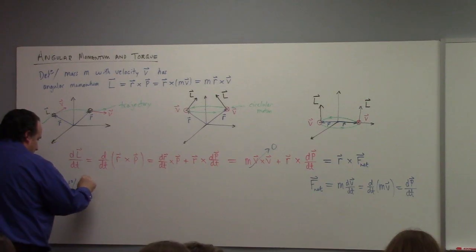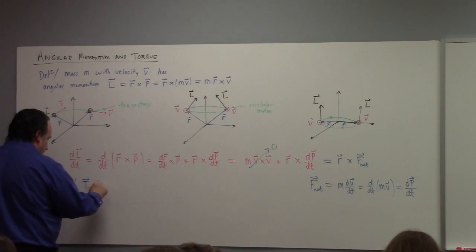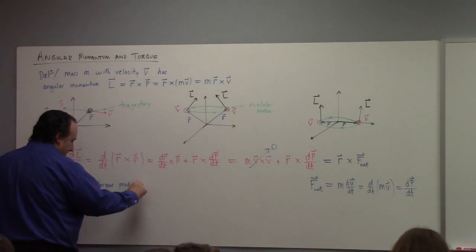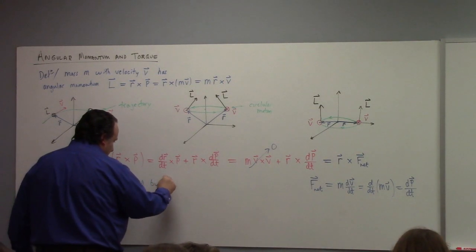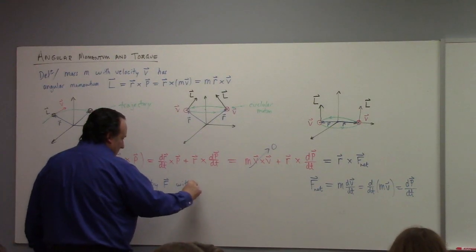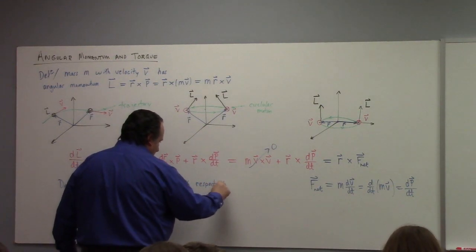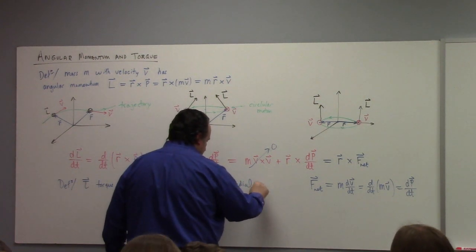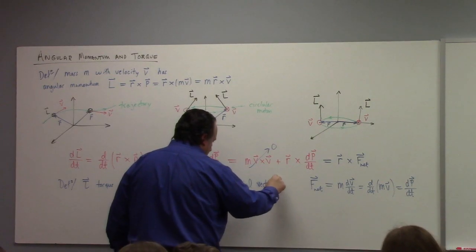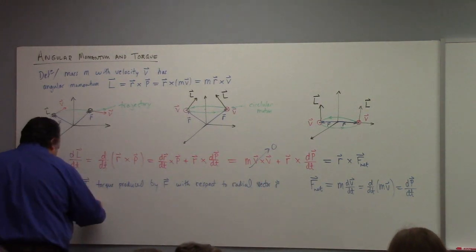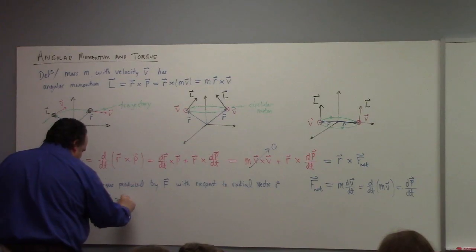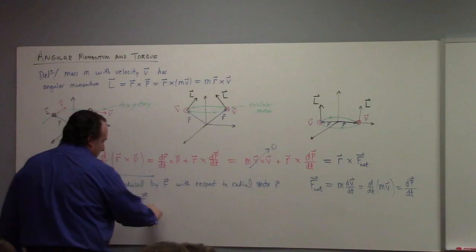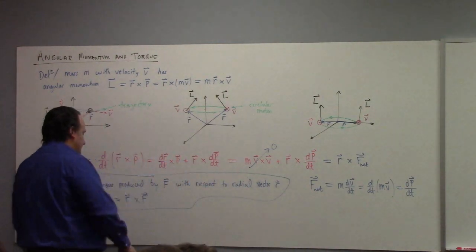Torque produced by F with respect to a radial vector R is: torque is equal to R cross F. So this is the torque produced by a force, R cross F.